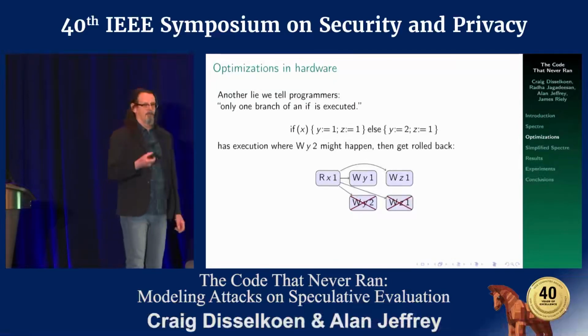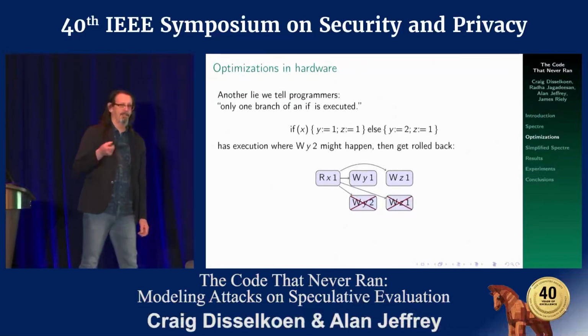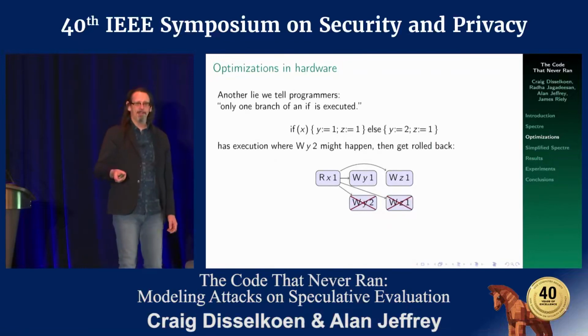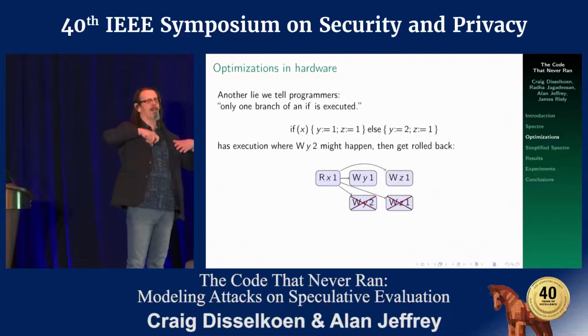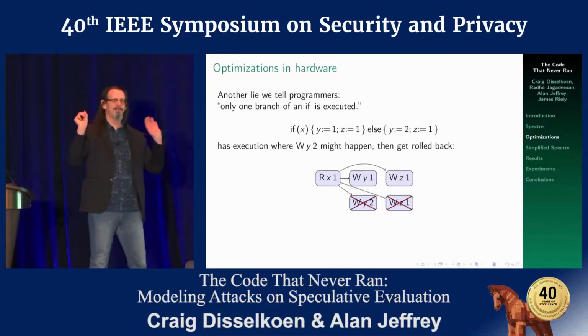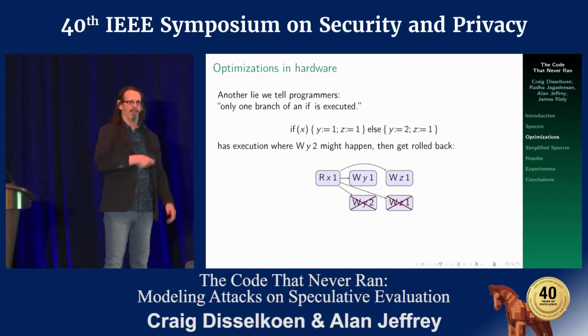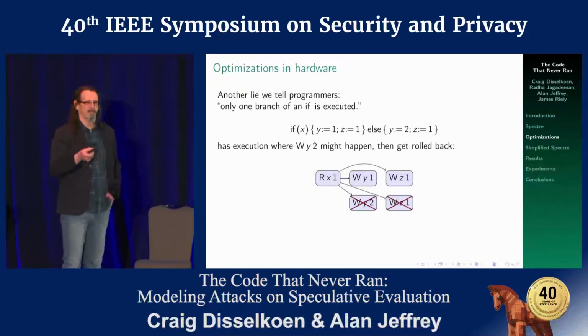But also, there is actually an execution in which the write of 2 might happen, and then the hardware rolls back and goes, oh, oops, sorry about that. We didn't actually do that write of 2, and instead we did the write of 1.